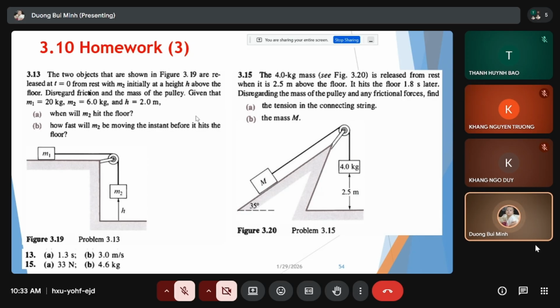Now, look. This is M1A. Again and again, don't challenge me for the final exam.